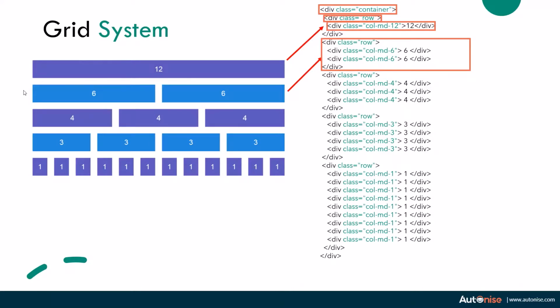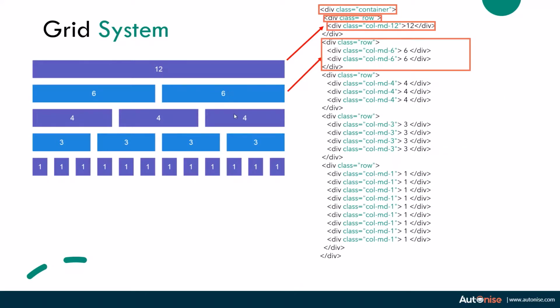So half of the width of the screen is taken by this col class, and the other half is taken by the other div. That is why we see two columns, each having a width of 6 out of the 12 grids divided by Bootstrap.